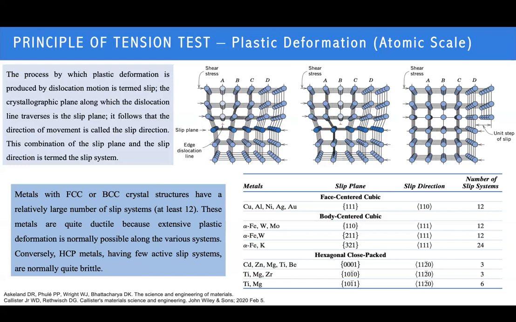So the deformation can occur in this slip plane and direction, so the material can deform by means of these slip systems, giving the nature of ductility. So this is what's going to happen in plastic deformation at the atomic scale.